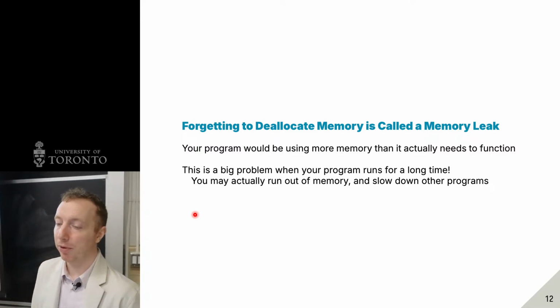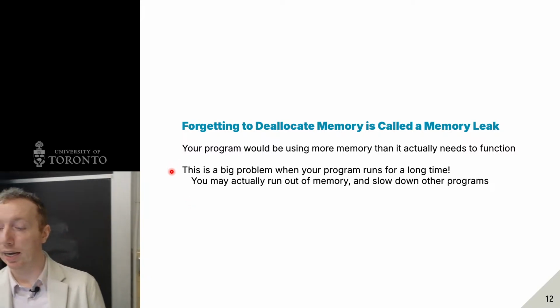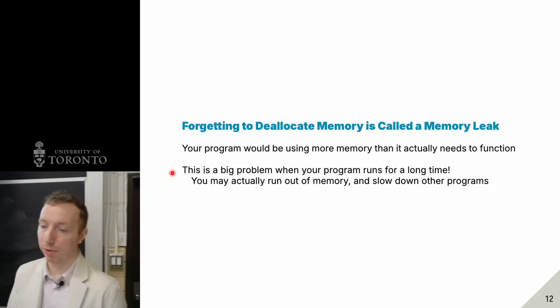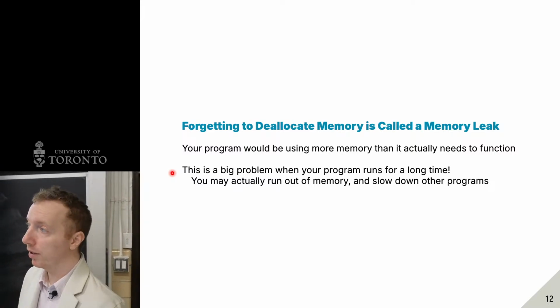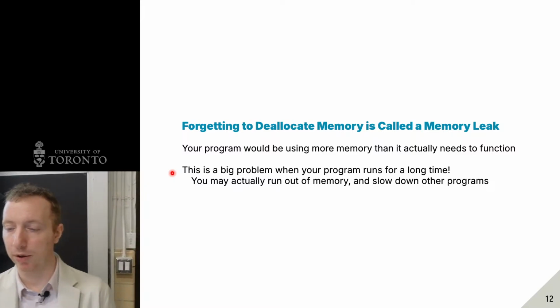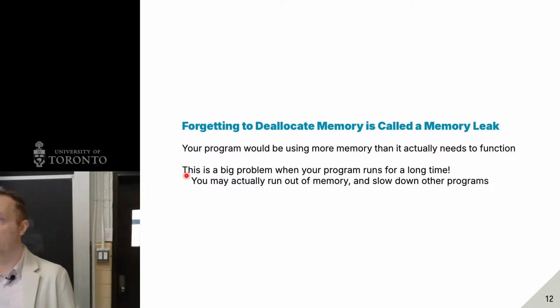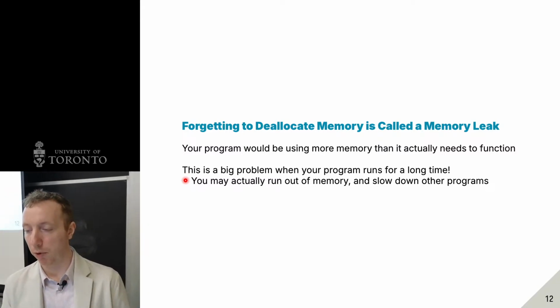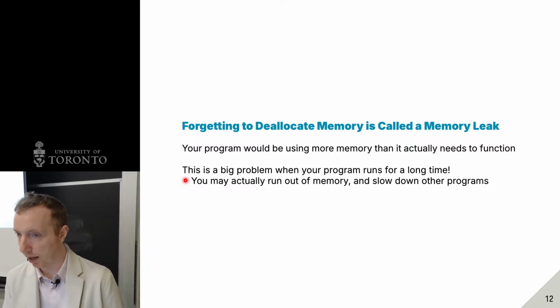So your program is using more memory than it actually needs to function. Again, like with Chrome or any other web browser or any program in general that runs for a long time, it's a really big problem the longer the program runs. So you might actually run out of memory and slow down other programs, or in the worst case, you crash that program, lose some work, or something like that.